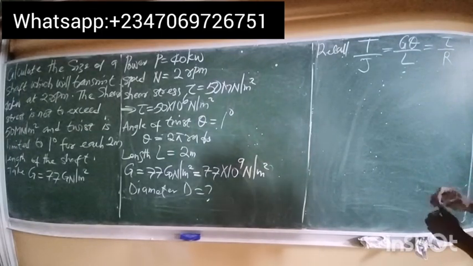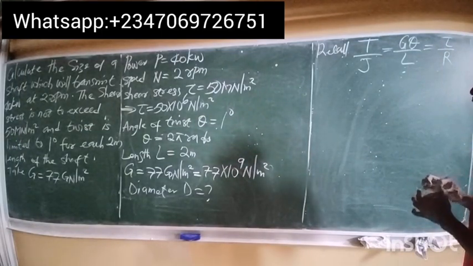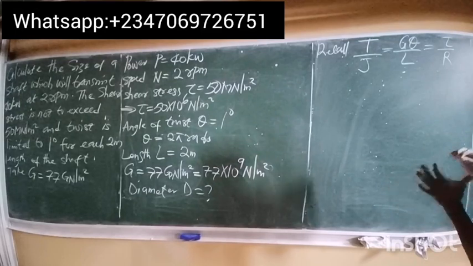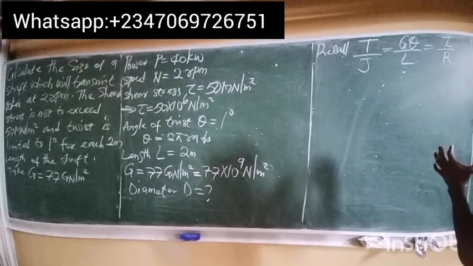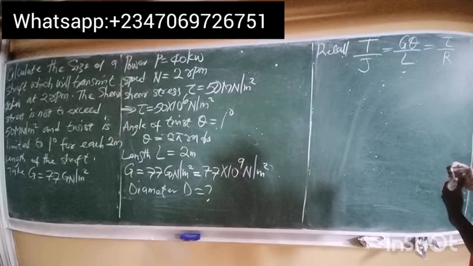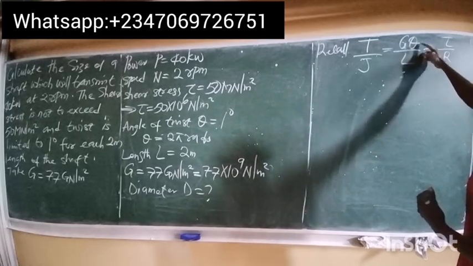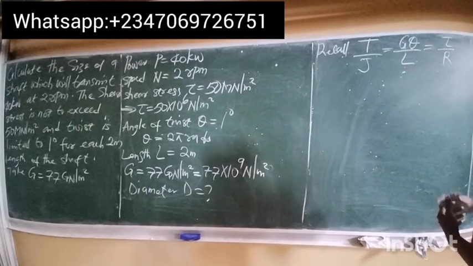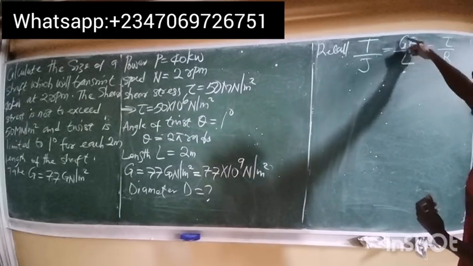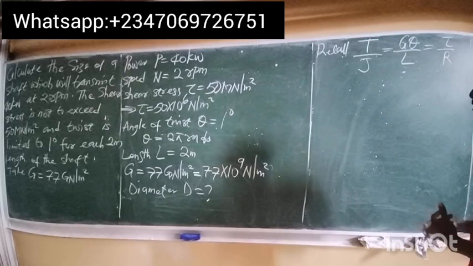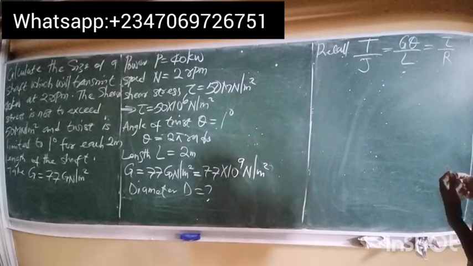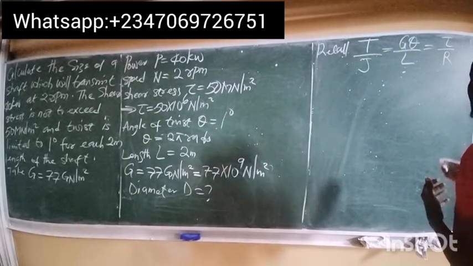All we need to do now is look at this equation and the given conditions. Whichever satisfies any two of these, that's where we work from. We have G, the modulus of rigidity, and the angle of twist theta, which were given to us. We have the length, so automatically we are going to use this middle one. And then we need to look for an equation which we can use to relate any of them.